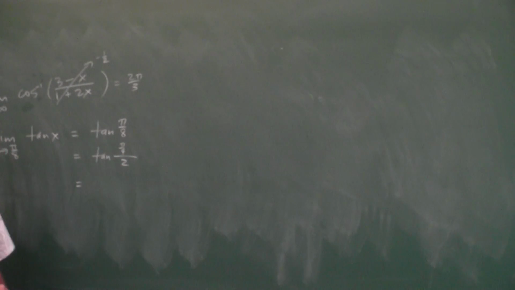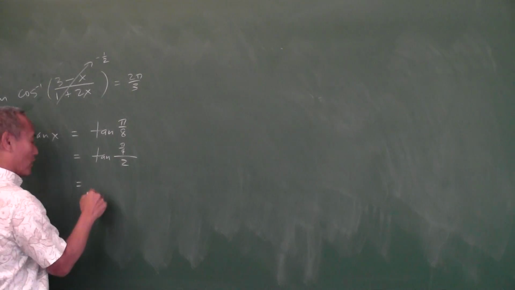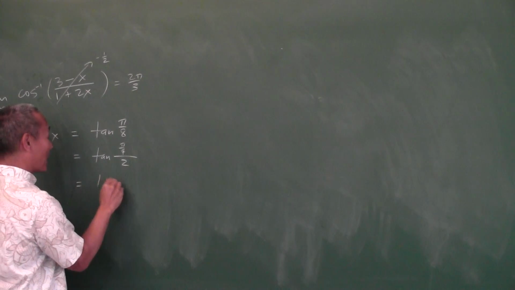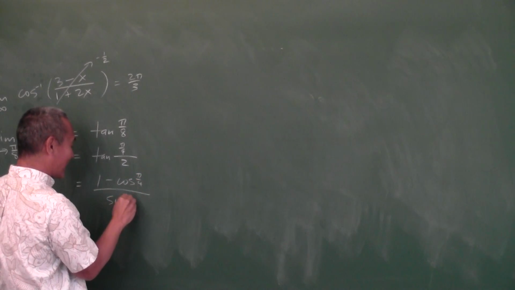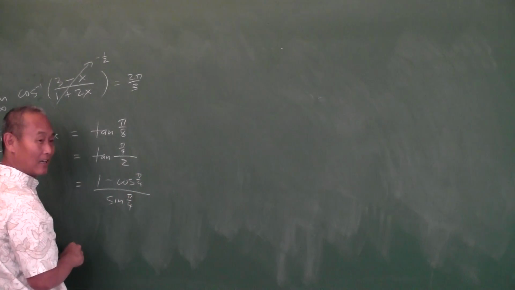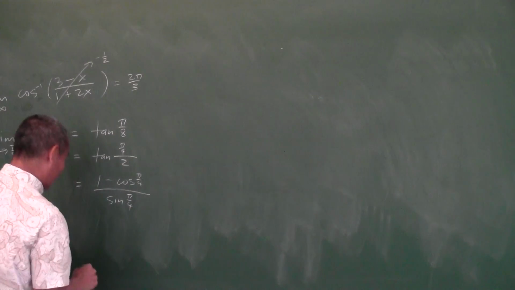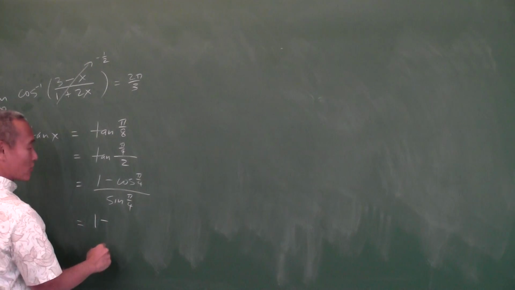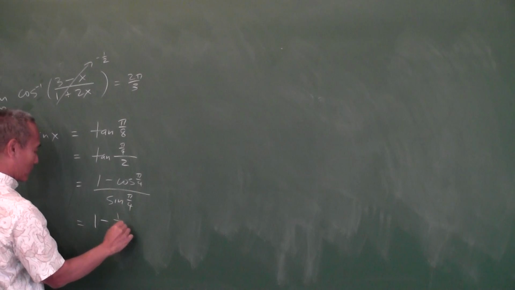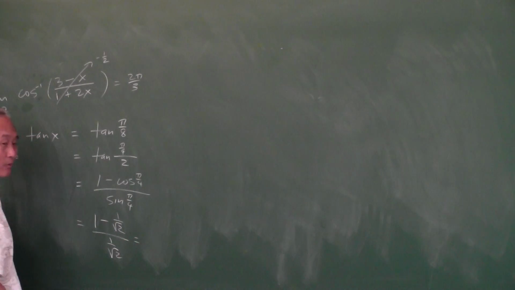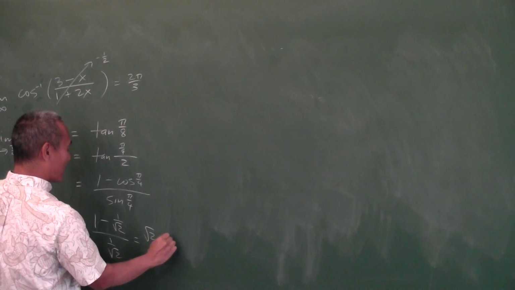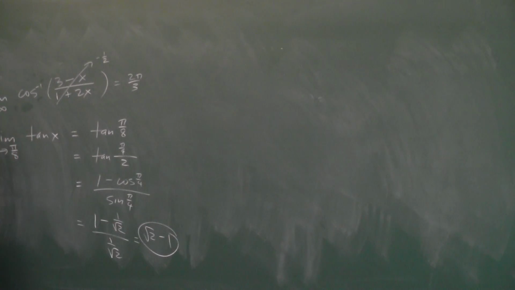They've got 3 identities. 1 minus cosine theta over sine theta. How many points do we get for that, Mr. Park? Nothing! 1 minus, what's cosine of pi over 4? 1 over root 2. Multiply top and bottom by root 2 and you get root 2 minus 1.